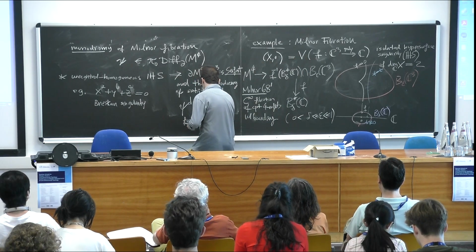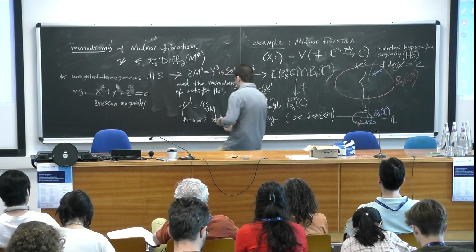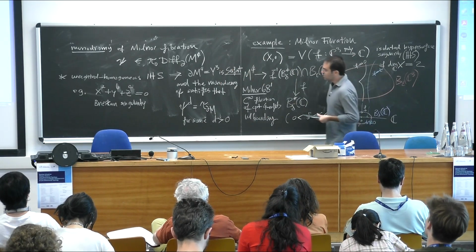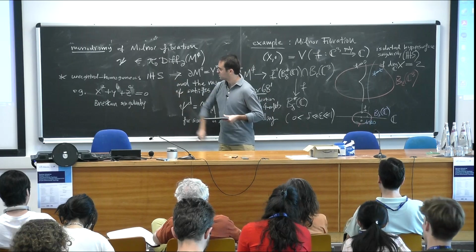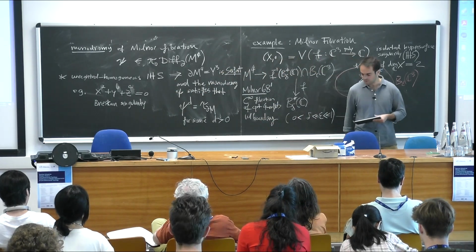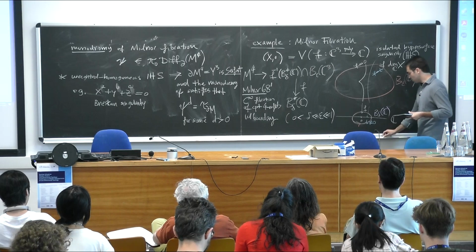So for a suitable positive power, the monodromy of the Milnor fibration of a weighted homogeneous singularity matches up with the boundary Dehn twist.